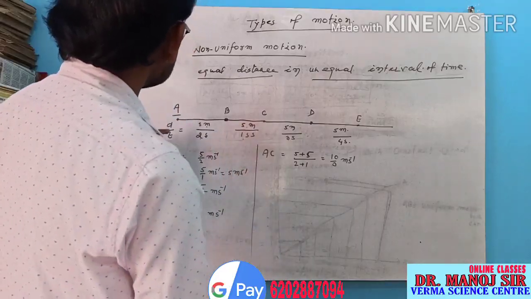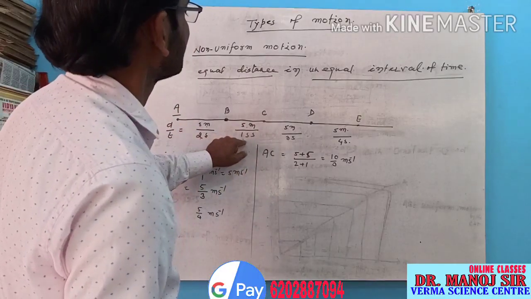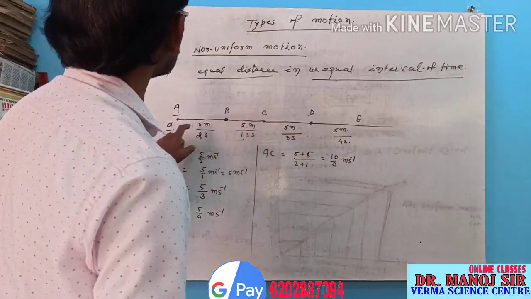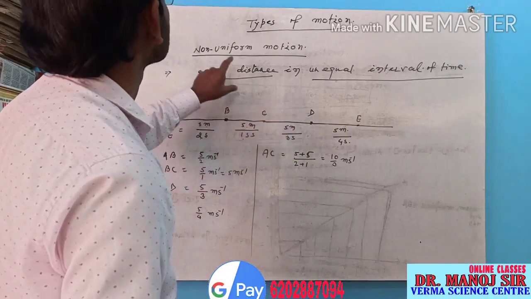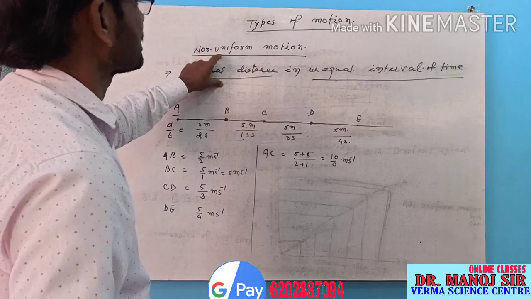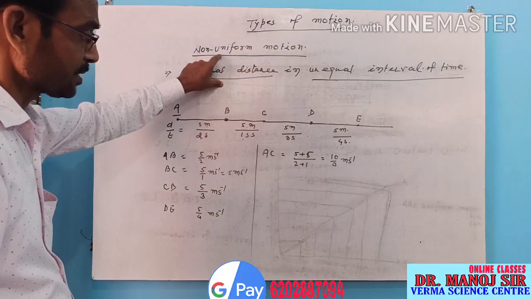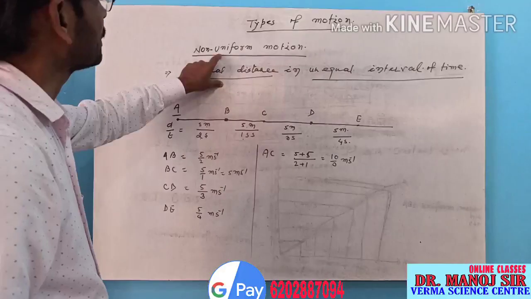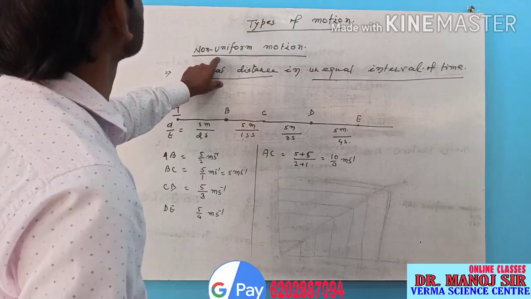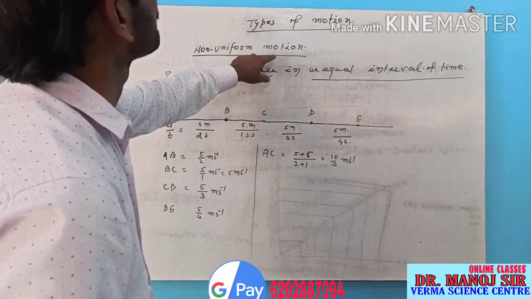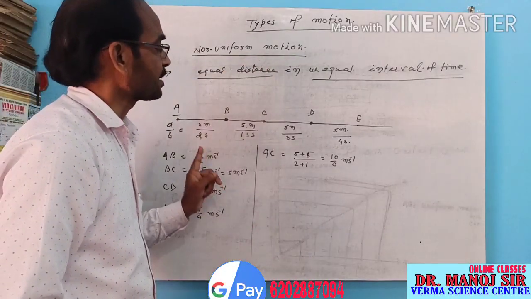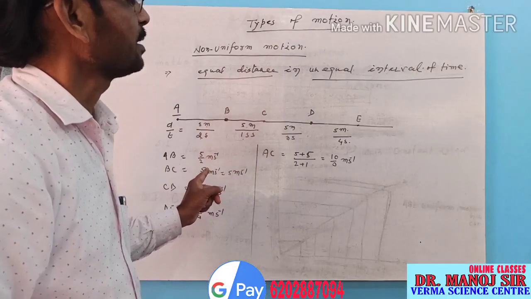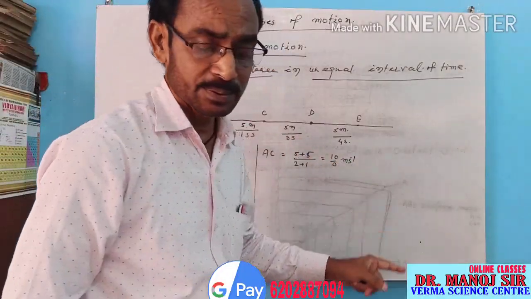There is a difference in the interval of time and equality in travel distance. That body is said to be in non-uniform motion. Hence, again repeating the definition: non-uniform motion is said to be if a body travels equal distance in unequal intervals of time.